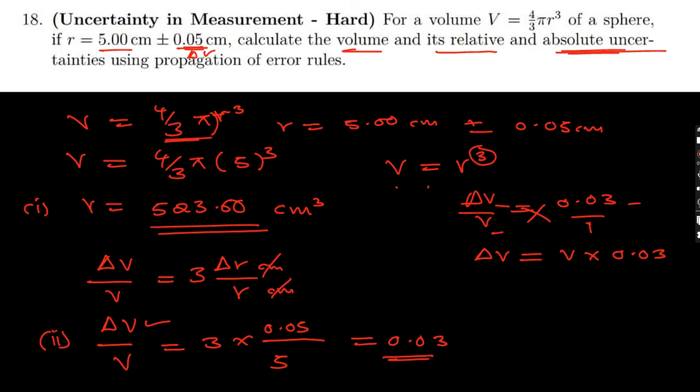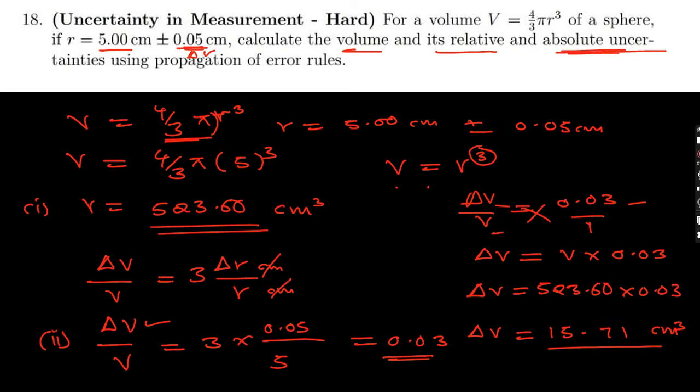Our V is the one we found in the first place, 523.60, multiplied by 0.03. Our delta V is going to be 15.71 cubic centimeters. This is how you handle this kind of equation, step by step.